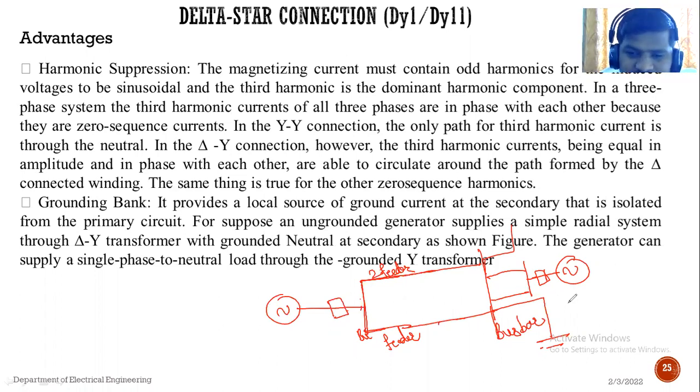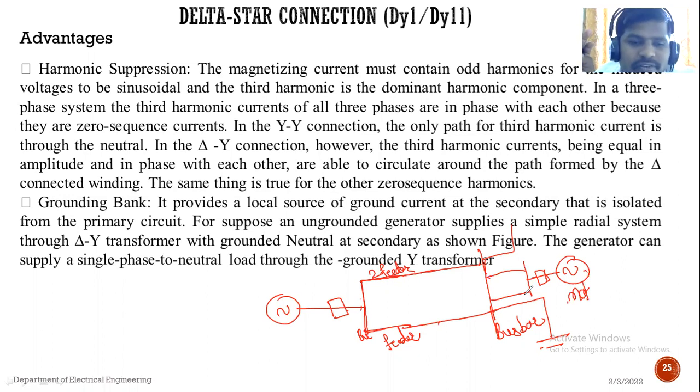If any one of the generators is not grounded, एखादा generator या operation मधला ground केलेला नाहीये, okay, an ungrounded generator will supply current or voltage to that radial system through the delta star connection. Okay, and if the neutral is grounded at the secondary, the generator can supply a single phase to neutral load.